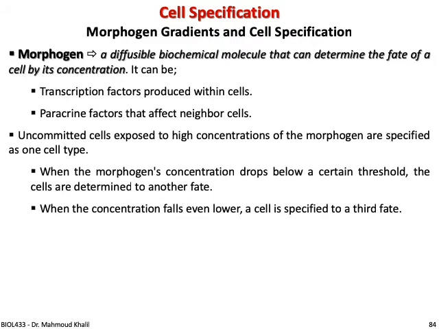If uncommitted cells are exposed to a high concentration of the morphogen, they are specified as one cell type. When the morphogen concentration drops below a certain threshold, the cells are determined to another fate. When the concentration falls even lower, a third fate can be specified.